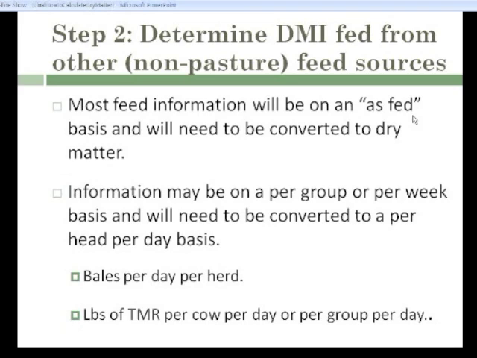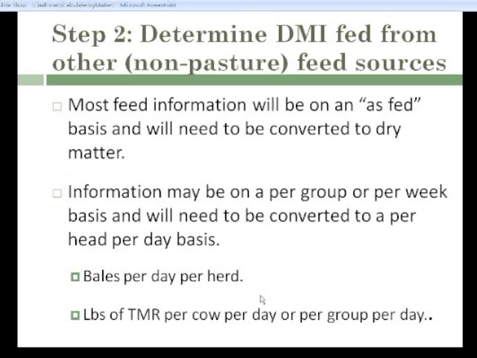And then also the information is very likely going to be on a per group basis, or sometimes even on a per week or per month basis, depending on which group of animals and what feeding system you're using. So in order to do the calculations the way that we're going to do them in this webinar, you're going to need to convert those numbers over to a per head per day basis.